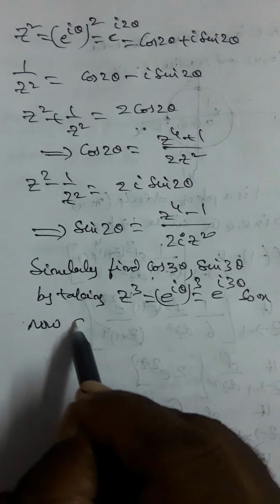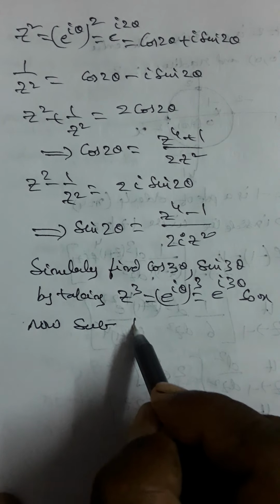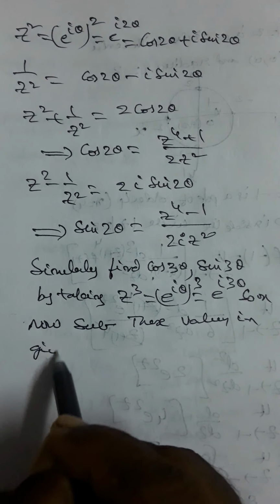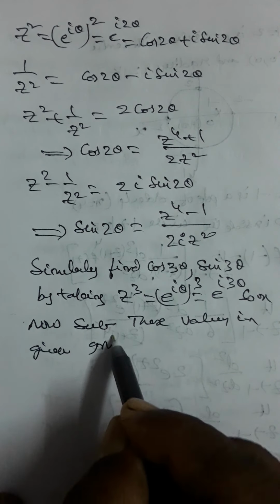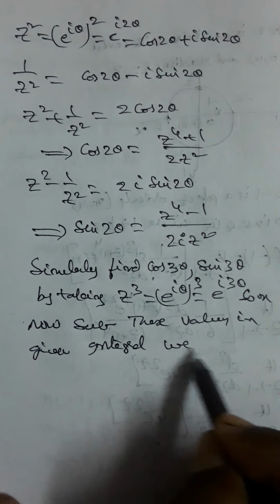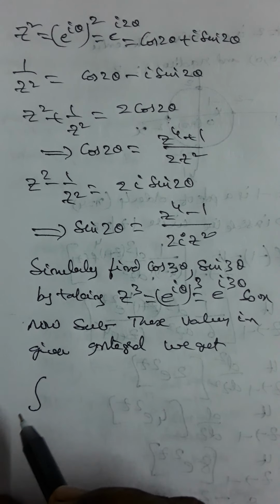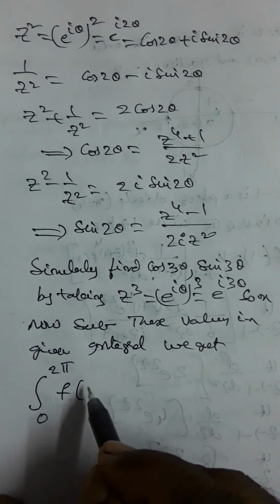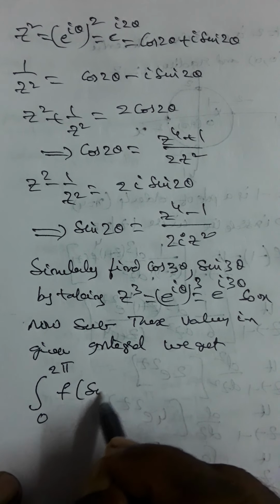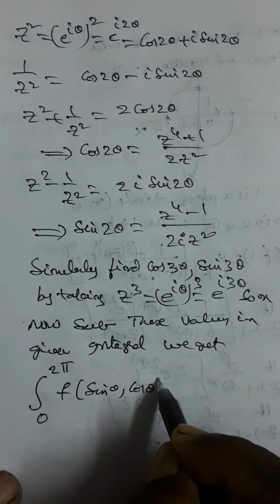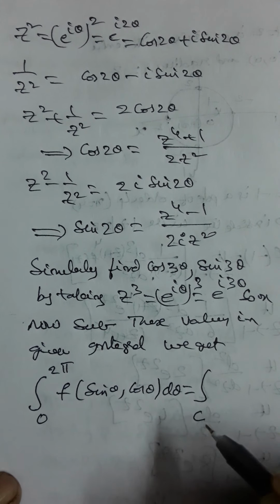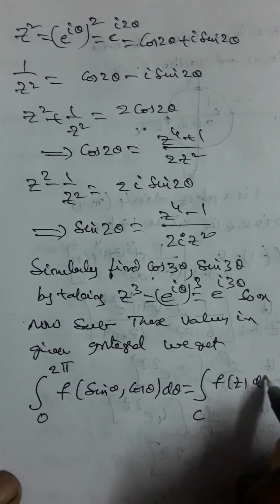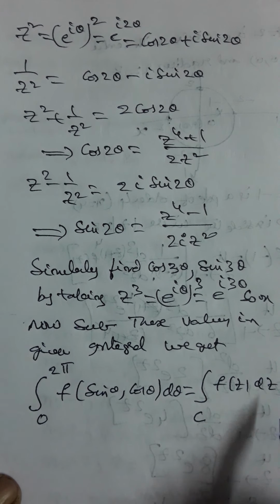Now substituting these values in the given integral, we get the integral 0 to 2π of f(sin θ, cos θ) dθ equal to the integral over C of f(z) dz, a function of z dz.